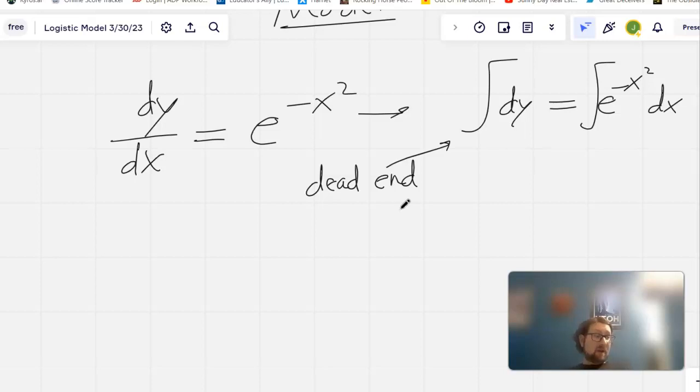But what I should say is that what we have today is a model describing population that we can solve analytically. It is possible to actually separate the variables, do the integrals, and get a formula in the form y equals f of x, or in this case, p equals f of t. Population is a function of time.